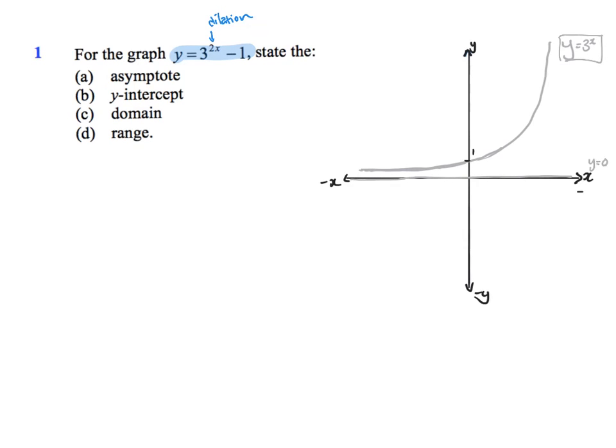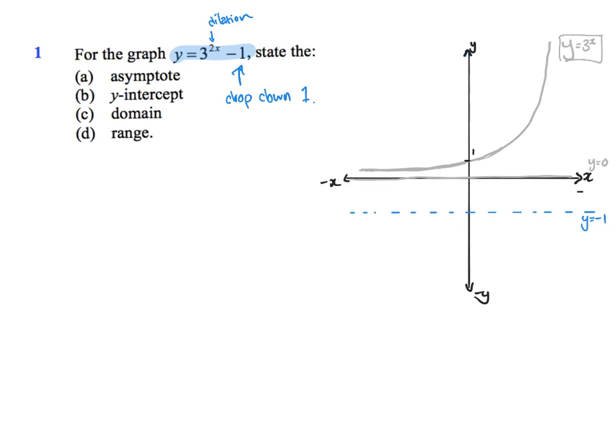So if you have a look, what is this going to do? This is going to drop the graph down 1, isn't it? So if it drops down 1, what you're going to see is your asymptote, I'm just going to get the ruler out, drops down to -1, yeah? Because it was at 0. So now your asymptote is at y equals -1.